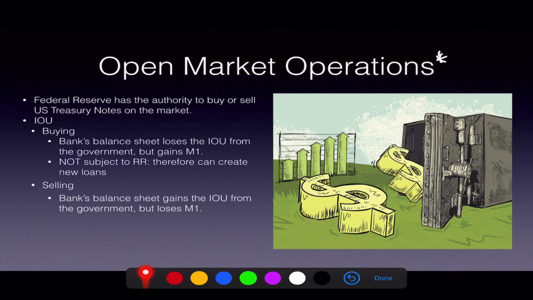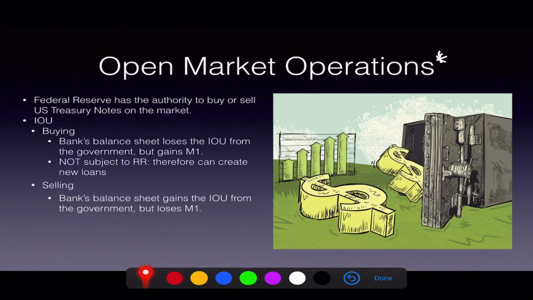So essentially, this is an IOU, the federal government saying that we are going to pay back this $10,000 Treasury note at some future date. And so the Federal Reserve has the ability to either buy or sell these notes on the open market.